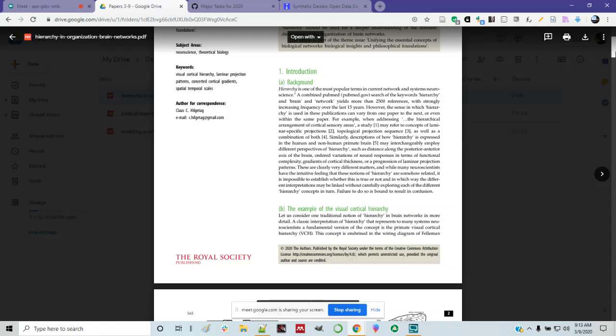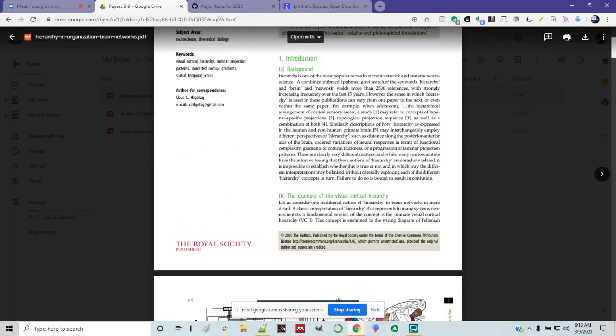A PubMed search of the keywords hierarchy, brain, and network together yields more than 2,500 references, with a strongly increasing frequency over the last 15 years. 2,500 references is a lot for a very small area of the literature, but it's been only over the last 15 years.